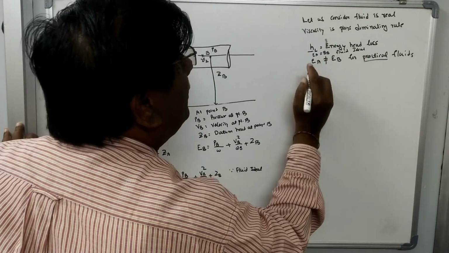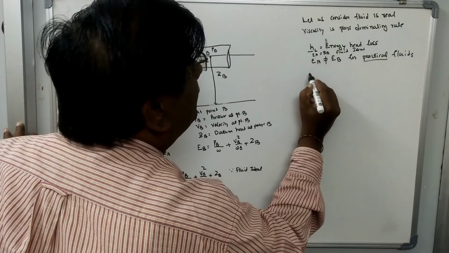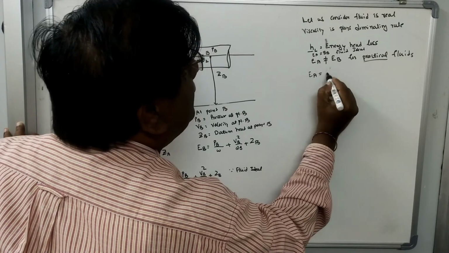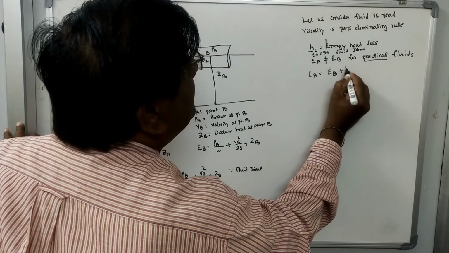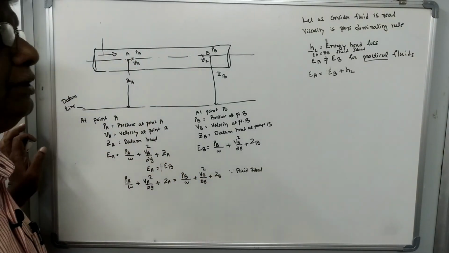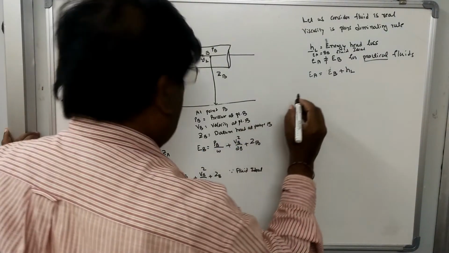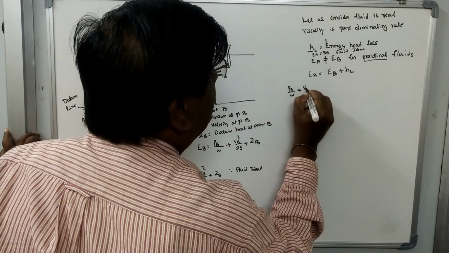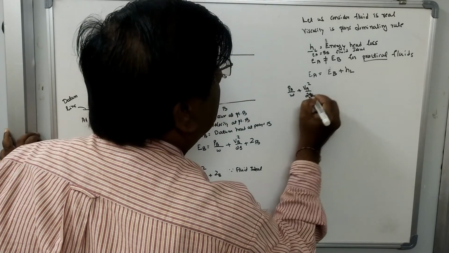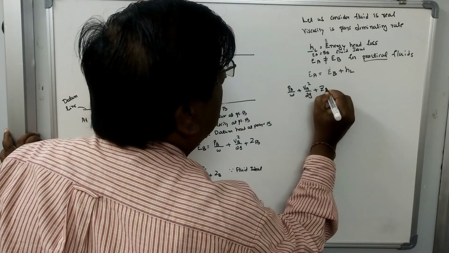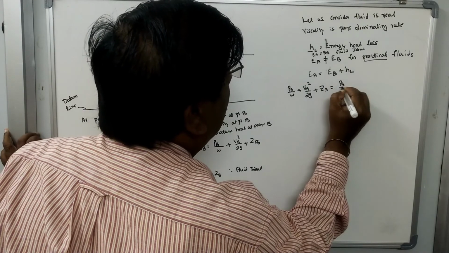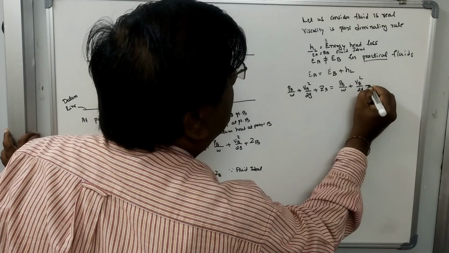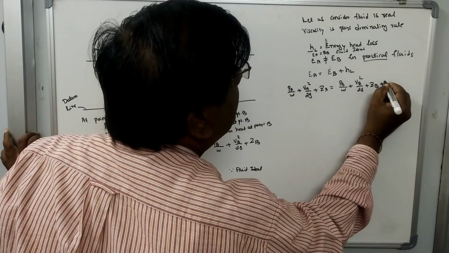Now the equation for practical fluids is EA is equal to EB plus HL, or PA by W plus VA square by 2G plus ZA is equal to PB by W plus VB square by 2G plus ZB plus HL.